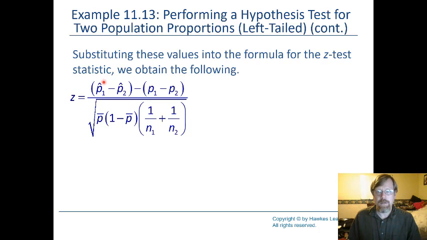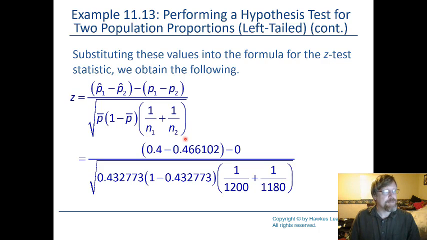There's p-hat 1, which was 0.4, p-hat 2, which is 0.466 something. The null hypothesis difference is 0, right? The 0.4327 that we just calculated goes in there, and then 1200 and 1180, our sample sizes, like so. So we get about 3.25.